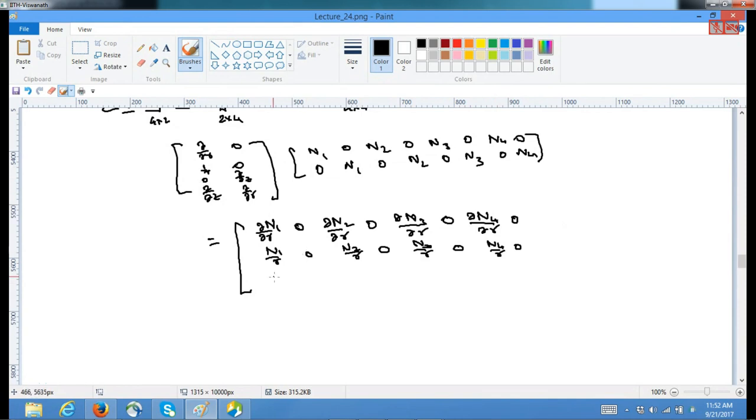So this is 0. This one with this one will give you dou n1 by dou z. And the fourth one would give you only this one existent.